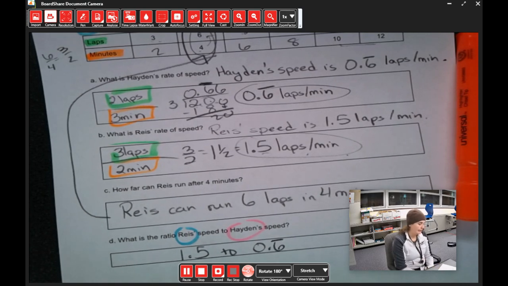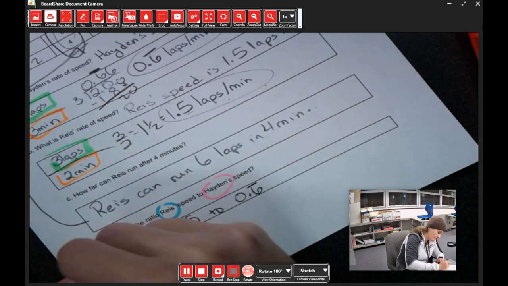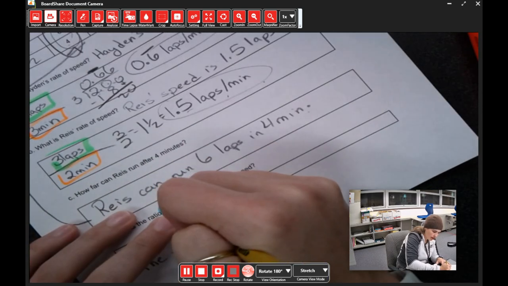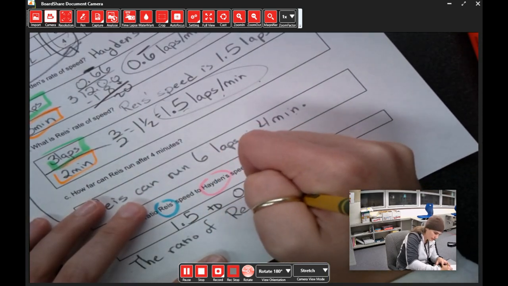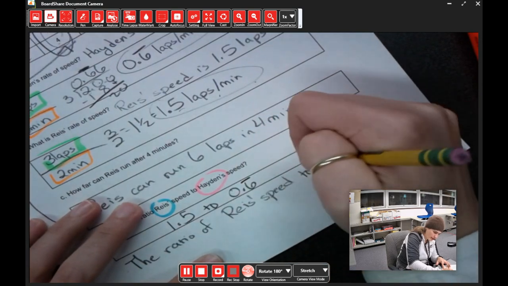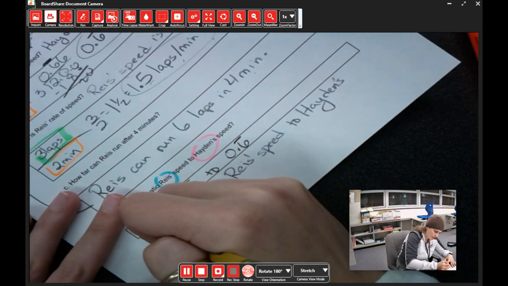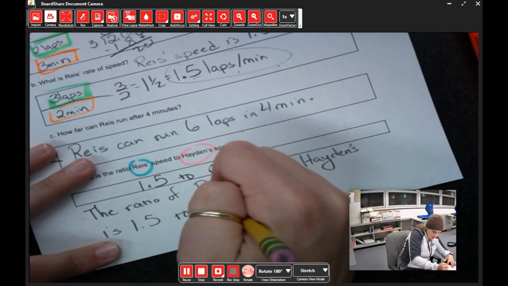But I got to put it in a complete sentence, so let me rephrase that. The ratio of Reis's speed to Hayden's is 1.5 to 6/10 repeat.